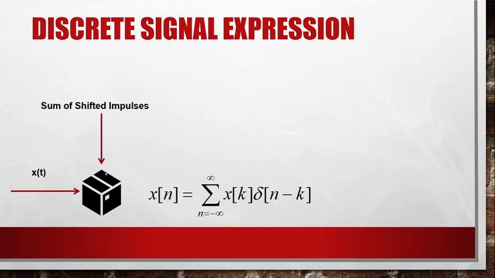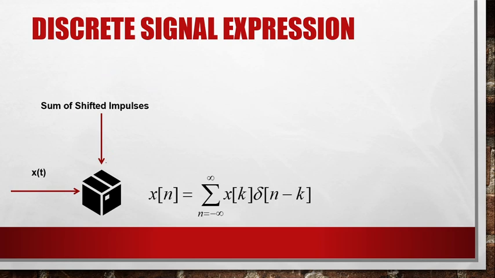We know physically how sampling happens, but when you write the mathematical expression of sampling with a continuous signal, what is the mathematical phenomenon happening so that you get a discrete sequence from a continuous-time signal? That is what we are going to understand now: the mathematical expression of discrete signals.